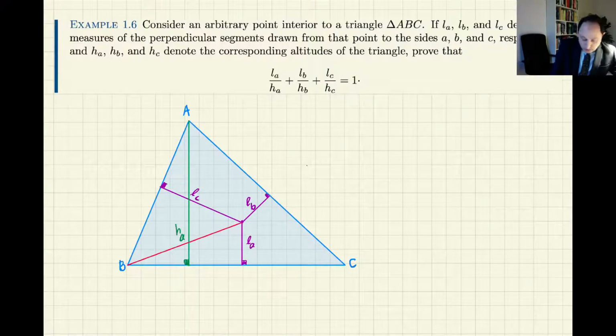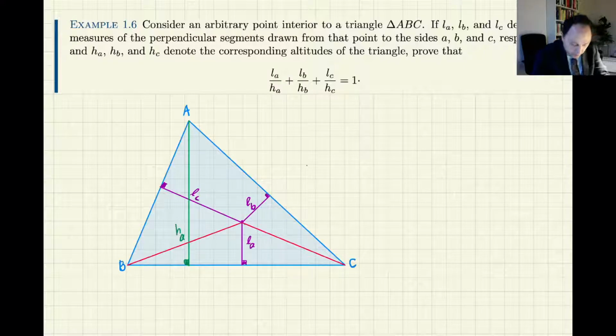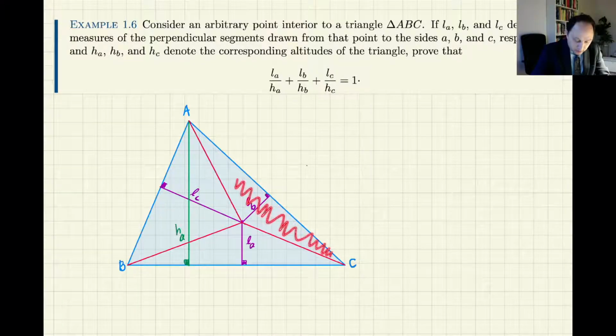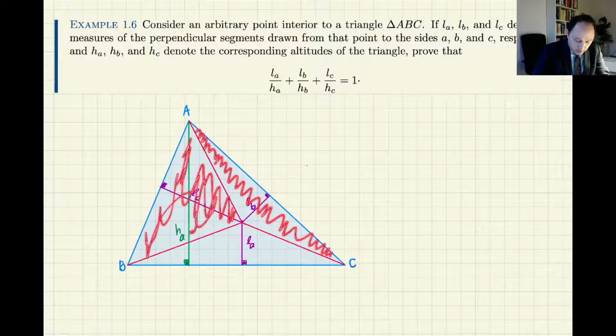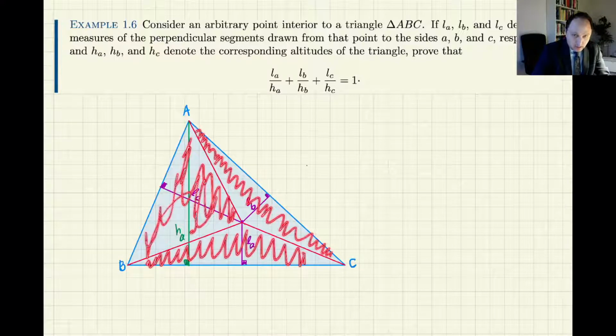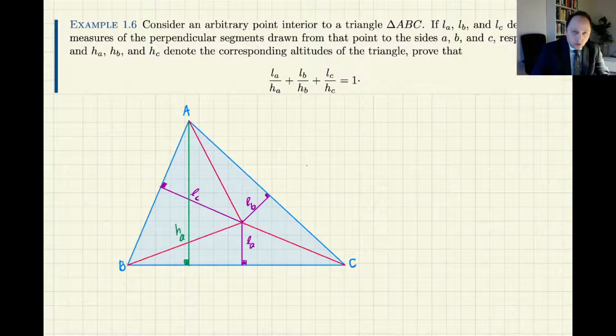I will connect this to this and that, and there is also one more thing here. Something becomes clear if you concentrate on this triangle, then this triangle, and then this triangle. It is completely clear that if I add the areas of these three triangles, it becomes the area of the whole triangle.